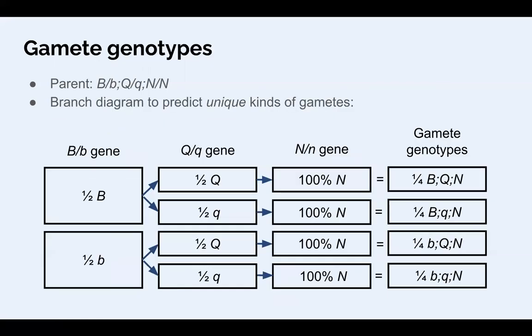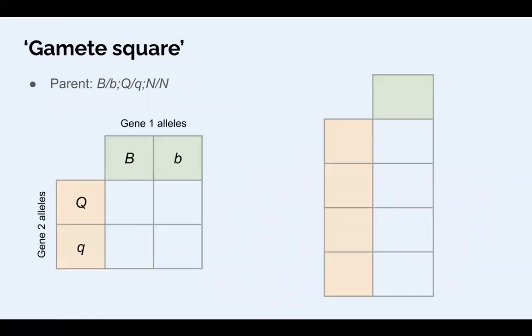Another way, so we did the branch diagram there. Another way to figure out your allele combinations is to do what I like to call a gamete square. It's very similar to a Punnett square. Some people have learned this before in high school. I hesitate a little bit to show it to you because it looks a lot like a Punnett square. But in all these cases, as long as you know what you're doing and you keep track of that, you can use these if they're helpful to you and make sense. So what this does is it combines these independent chances of 50% big B or little b with 50% big Q or little q.